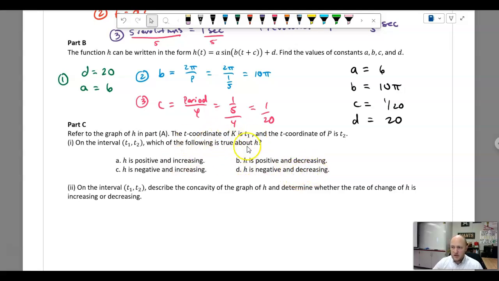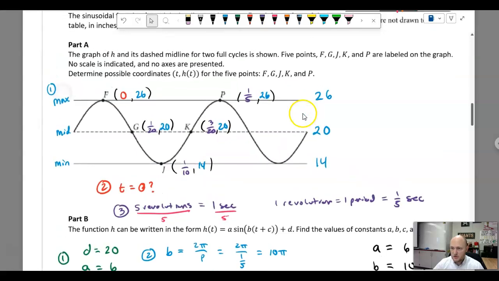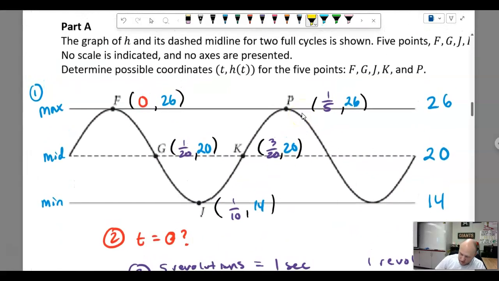So let's look at K and P. We can look up here, K and P, and we're essentially being asked about this section of the graph here. So the first question, is it positive or is it negative? This is H. These are your Y values. So just look at your Y coordinates. Are these values positive or negative? They're positive. Most of the time they're positive, unless you're underwater or going underground, it depends upon the context.